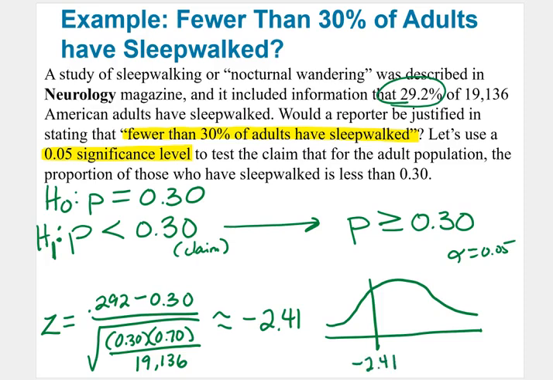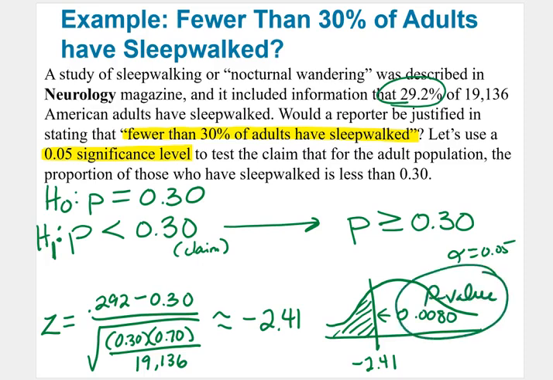So if I go on my z-chart and I find out what this area is right here, which is what they give me in the chart, because it always tells me the area to the left of the z-score. That turns out to be 0.0080. All right, so that is my p-value right there.